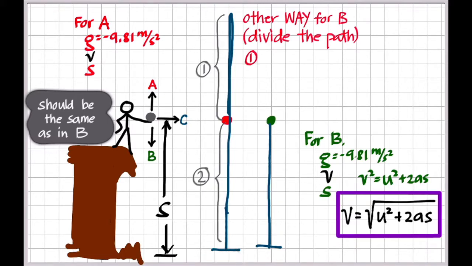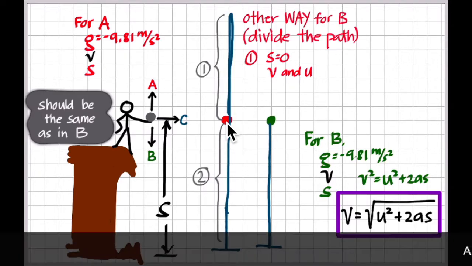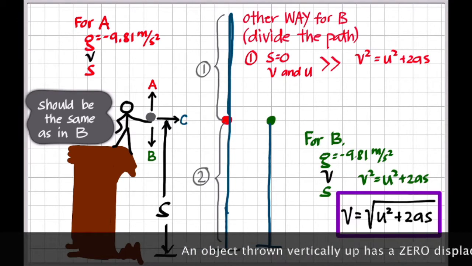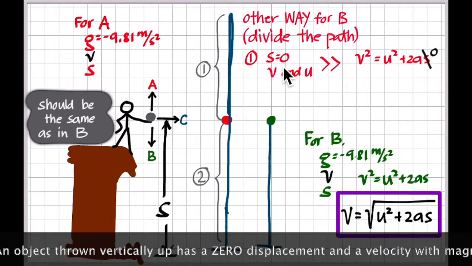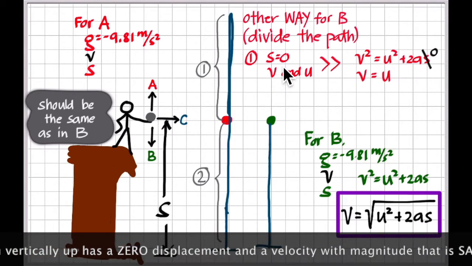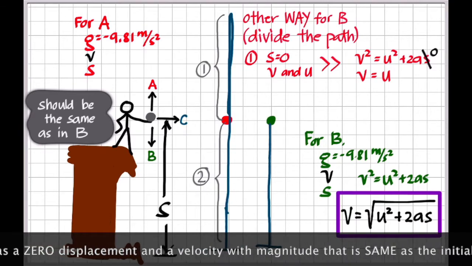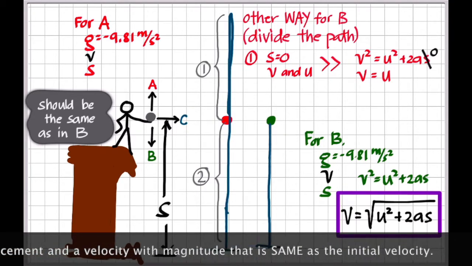For the first part, the displacement is zero, and if we are to compare the initial velocity of ball A to the velocity at this point, when it returns to the same location, we can use this kinematic equation. This is zero, the displacement, and we should end up with this relationship. The speed here and the magnitude of the corresponding velocity must be the same compared to the initial one.